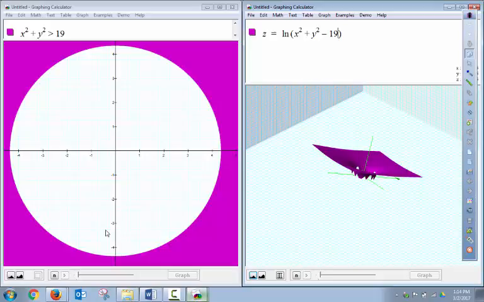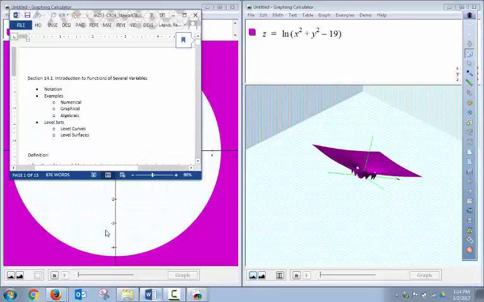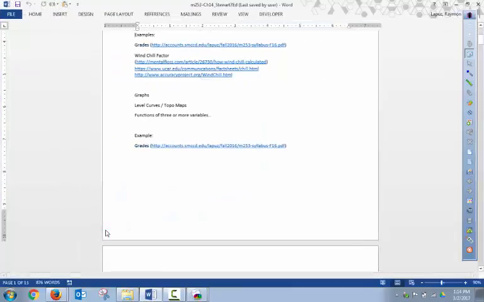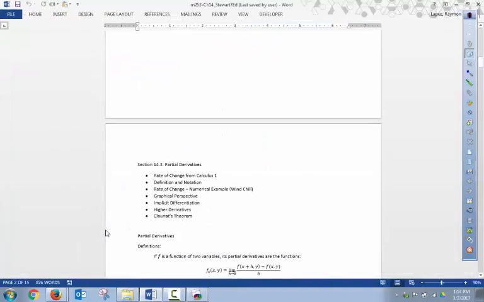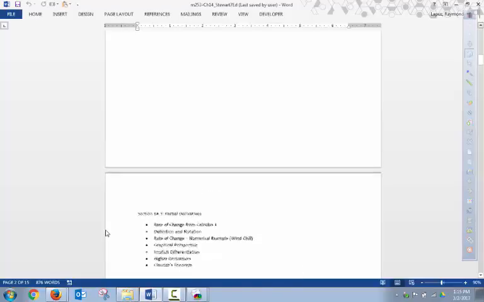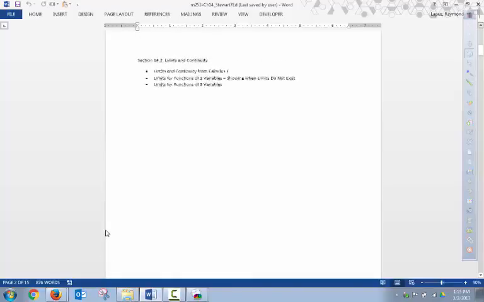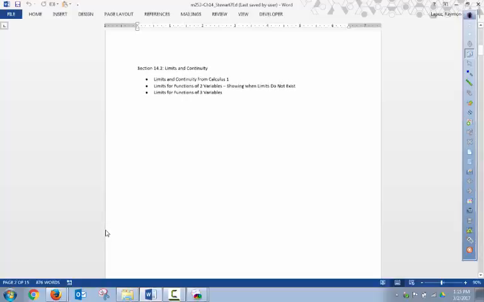So let's talk about the rest of the section. The interesting parts of the section that I was interested in talking about was, I don't have any examples. Bummer. I have to make them. I've noticed that starting from Calc 2, when you're doing integrals, and then going on to Calc 3 stuff, it's always dangerous to make up examples.